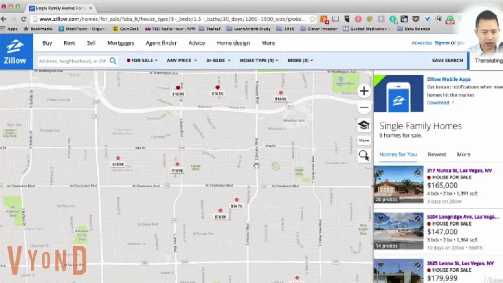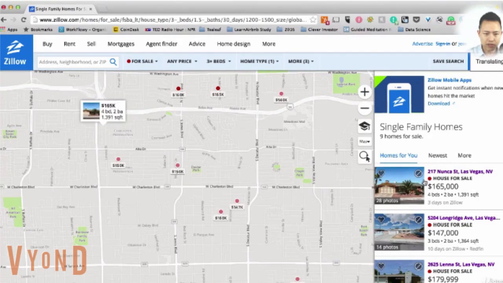what I want you to do is click on the symbol here that says for sale. And I want you to click everything else off and only click for sale by agent. Because that way, we're only looking at listings that are listed by real estate agents and we're not going to confuse things by those that are listed by owner or that are in other situations.